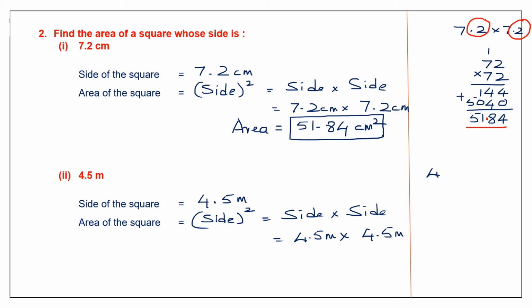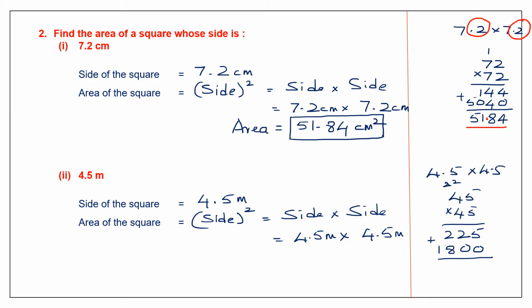So 4.5 into 4.5. That will be 45 into 45. After ignoring the point, 5 fives are 25, carry 2. 5 fours are 20 plus 2, 22. Second step, 4 fives are 20, carry 2. 4 fours are 16 plus 2, 18.